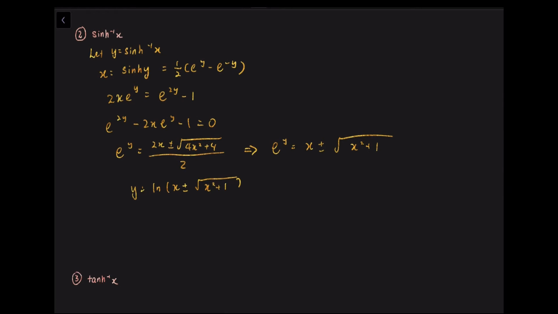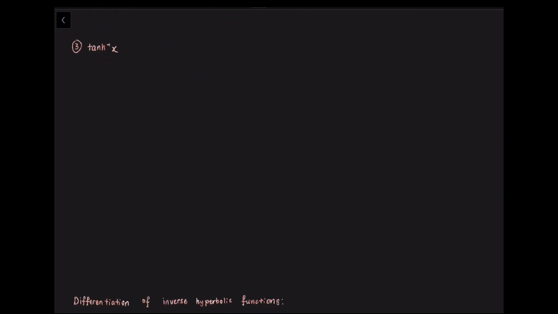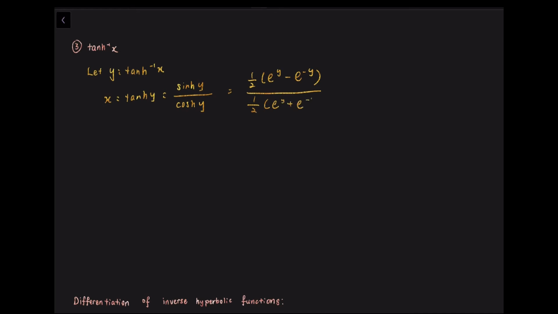To express inverse tanh x as a logarithmic function, again we let y equal inverse tanh x, and we then have x equals tanh y, which equals sinh y over cosh y. And so we have x equals 1 over 2 times e to the y minus e to the minus y over 1 over 2 times e to the y plus e to the minus y.